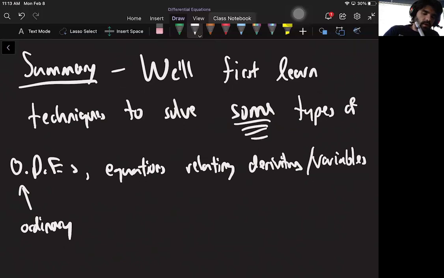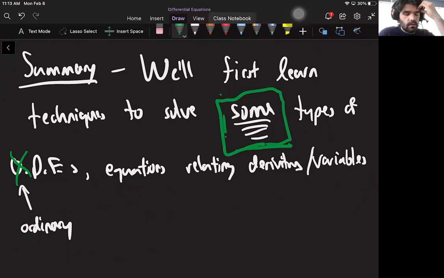But I'm mostly just going to call them differential equations because I don't want to say that every time. So equations involving derivatives and variables, we're going to learn some techniques to solve some types, because the whole point is in math, when you learn about something fancy, your big goal, of course, is like, I want to solve all of these things, but then that turns out to be too hard. So you narrow your focus down and you learn some techniques that do some of them instead. So that's what we're going to do first. Okay, see you next time.